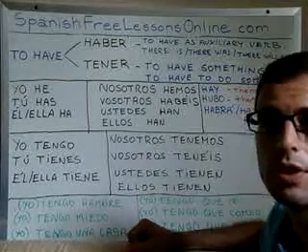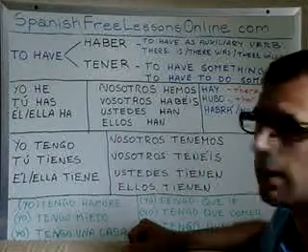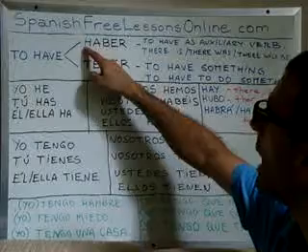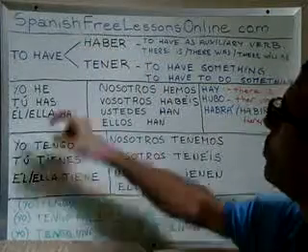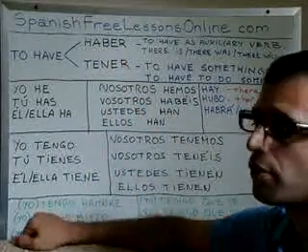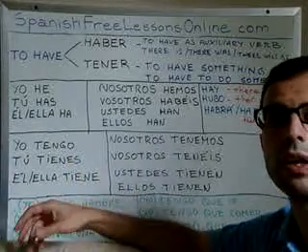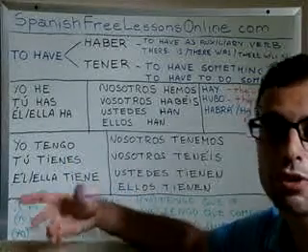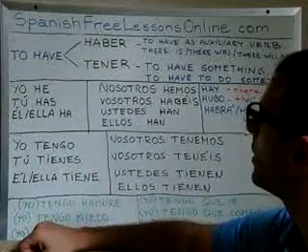In Spanish, the auxiliary verb for those same cases is the verb haber, okay? Also, we use haber when we refer to there is something, there will be something. That's a special function of the verb haber that we will learn later.